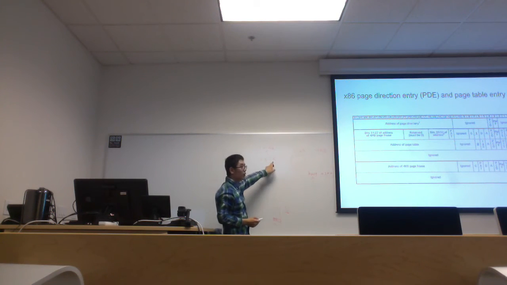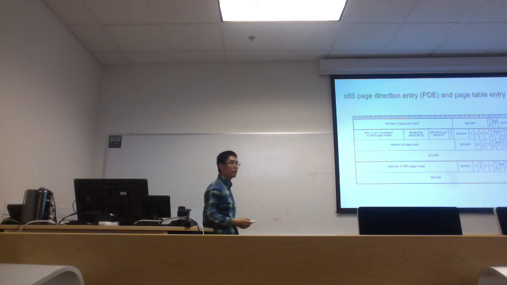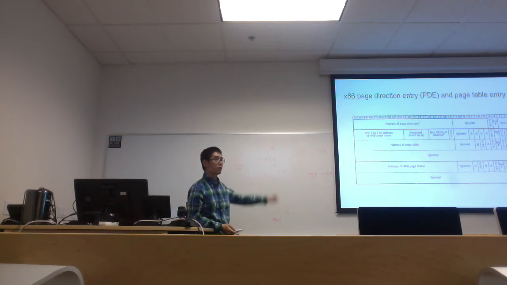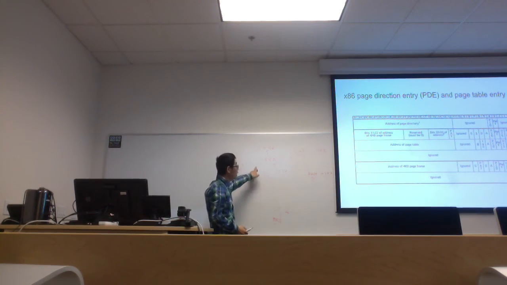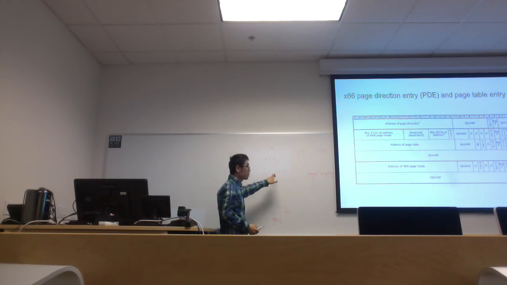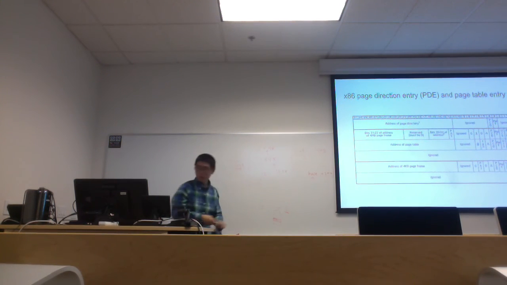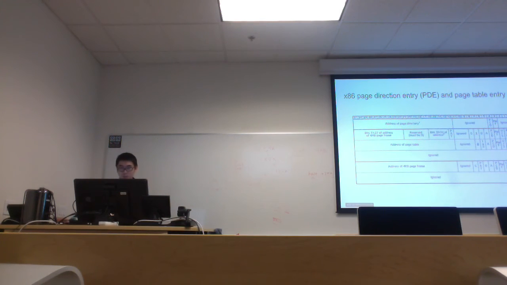How many bits are there for addressing 4K bytes? 12, right? This 12 bits can be totally omitted because I'm translating one page to another, not translating each individual byte. So here you can see in a page table entry, the lower 12 bits are used for other reasons. The upper 20 bits are used to translate the addresses.